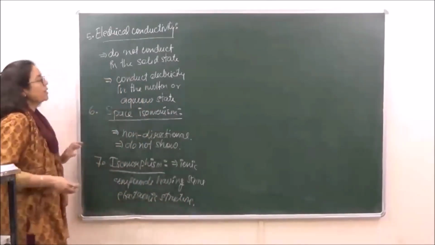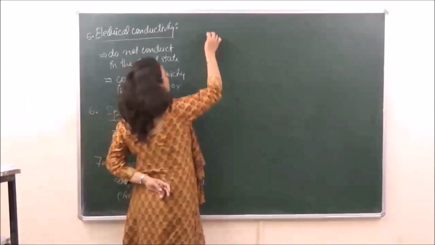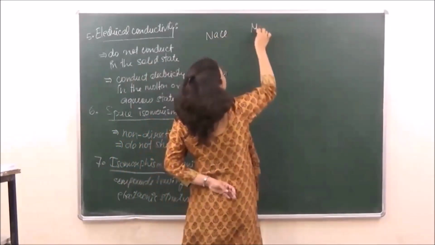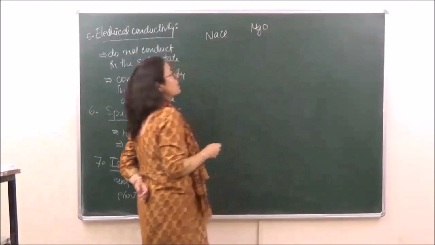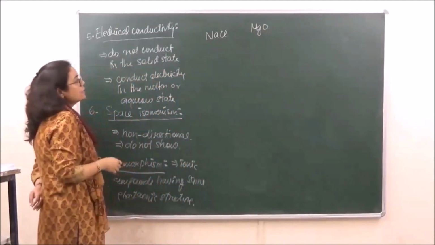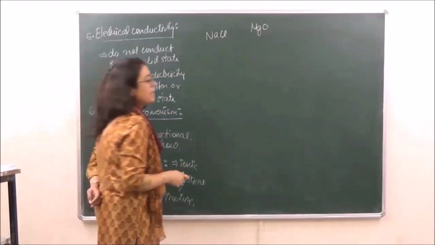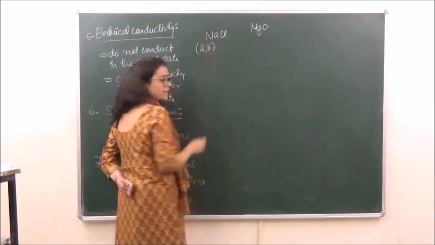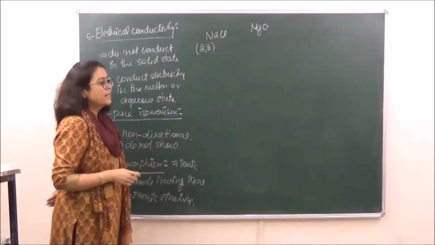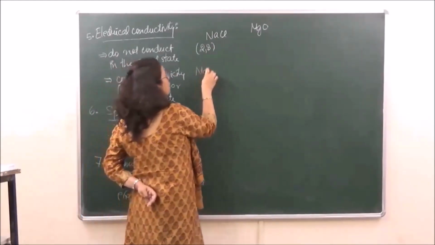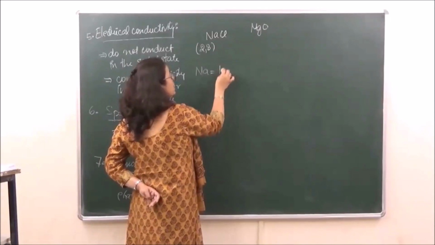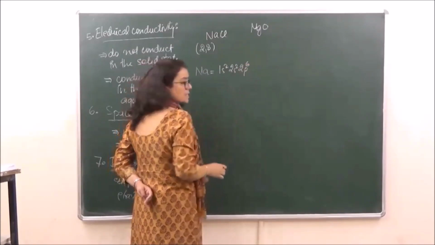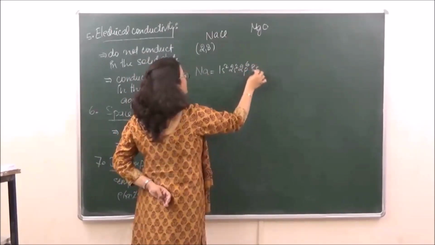Let's take an example. We're talking of 2 compounds, one is NaCl and the other one is MgO. Again, this concept is important from your examination point of view. Now, the electronic configuration of sodium is 1s2, 2s2, 2p6, and 3s1.